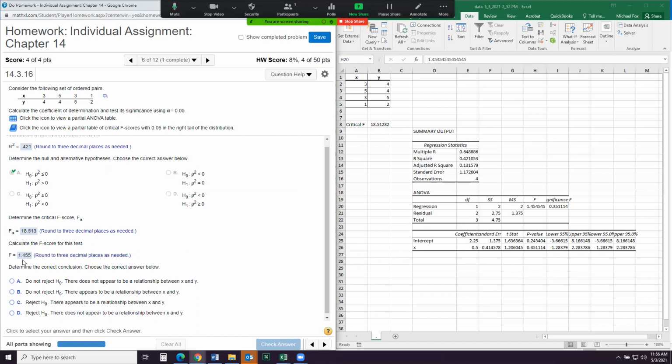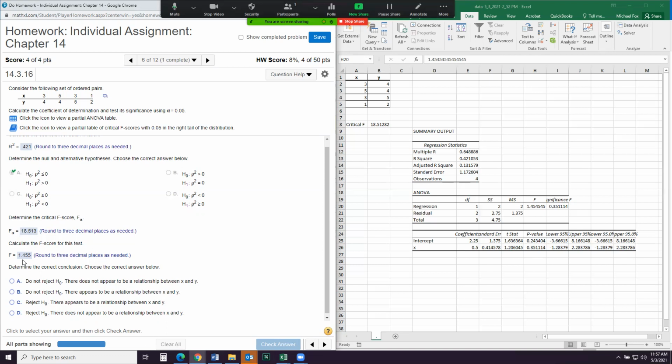And so if our F that we calculate for the sample is closer to the mean than the critical score, that means we can't reject the null hypothesis, right? That means that our F score, even though it's greater than 0, is not enough greater than 0 to tell us that we can feel 95% confident.